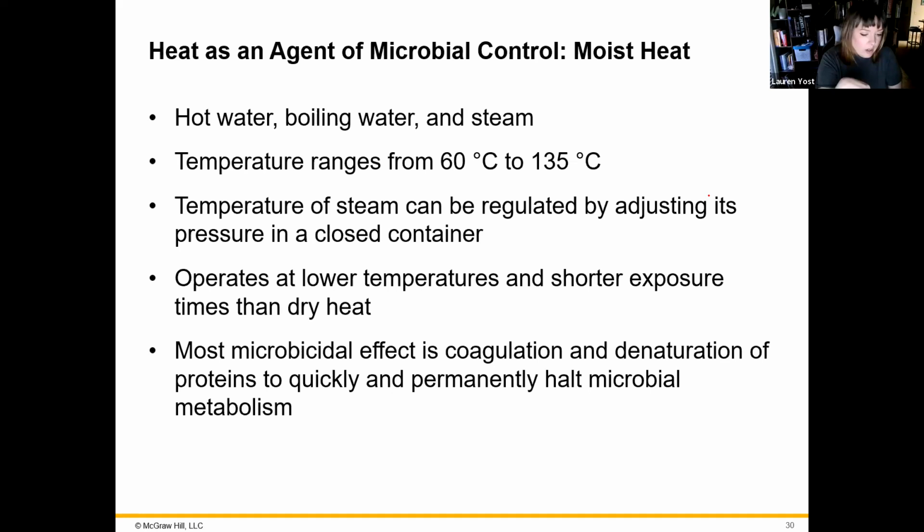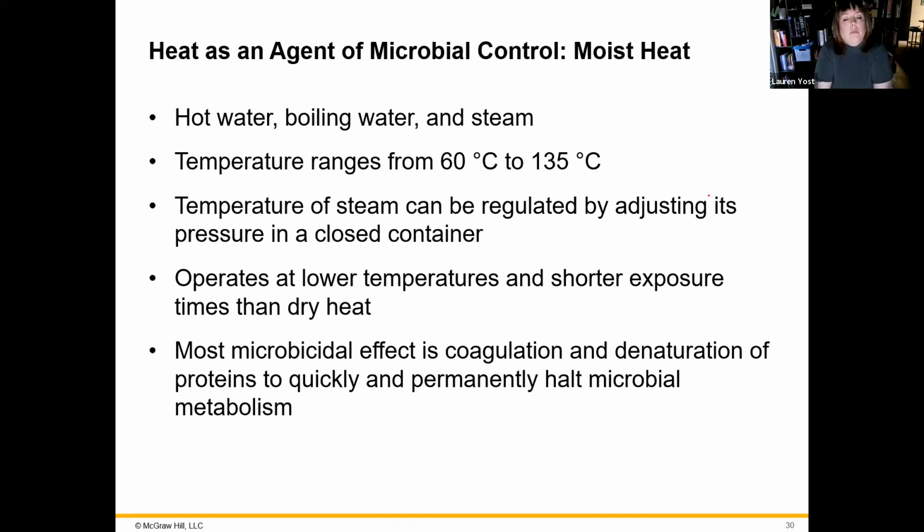There are some microbes that will die from the cold, but it's not an effective and reliable way of controlling microbes. You can slow them from growing, stop them from growing, but then they're going to live when you get them out. So I just don't want you guys to think that you can put your steak in the freezer and when you get it out, there's no bacteria. Those bacteria that were on it before are just going to come back to life, generally speaking. So just don't rely on that to get rid of microbes, because that's not how cold works.